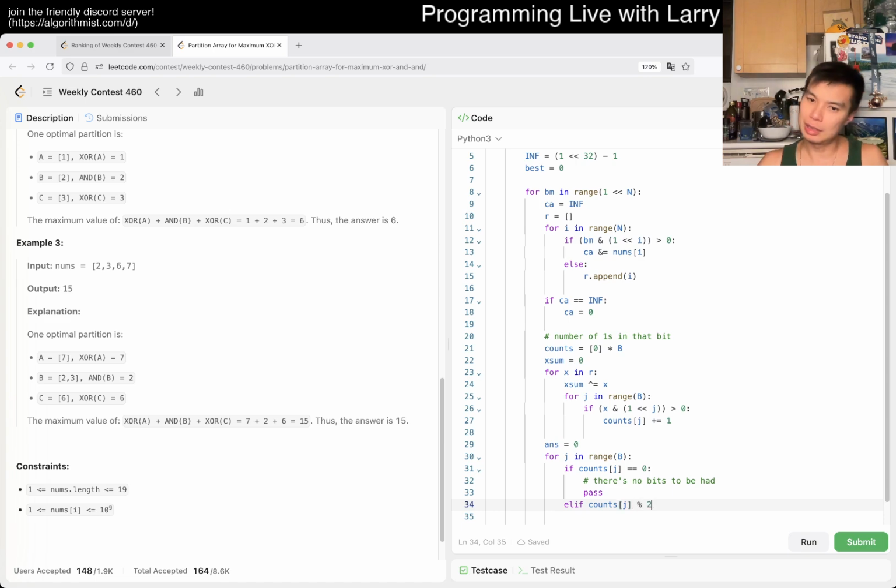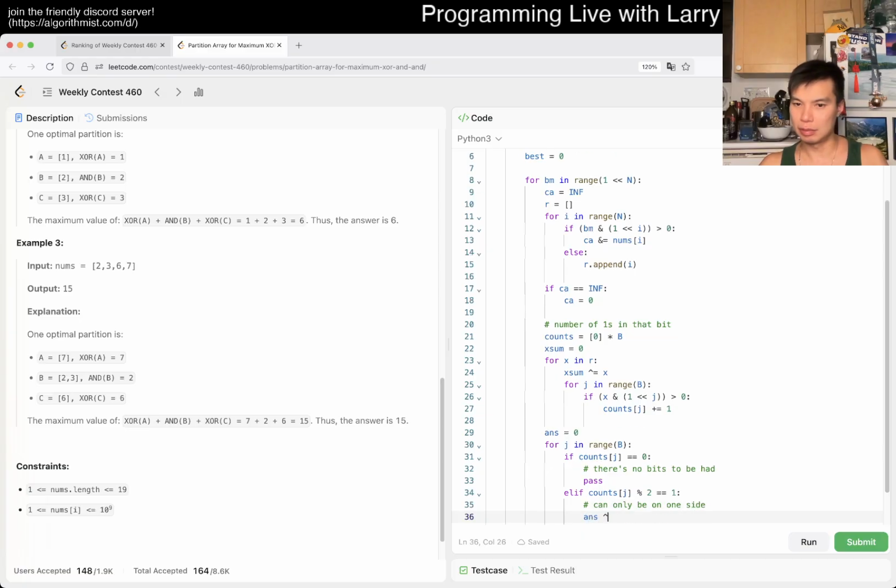So if this is odd, then it can only be on one side. So then yeah, okay, I think that's fine. Oh nope, that's not fine though.